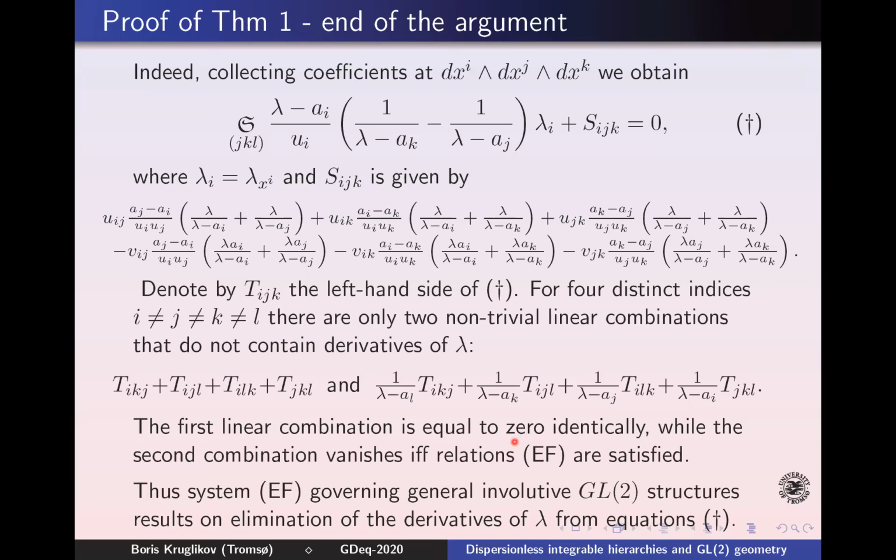So what we get? I'm sorry, I do not understand. This T_ijk, yes, how can their linear combination contain derivatives of lambda? That's it, right? So that's T_ijk. It's not S_i, yes, right? And you see this lambda_i.